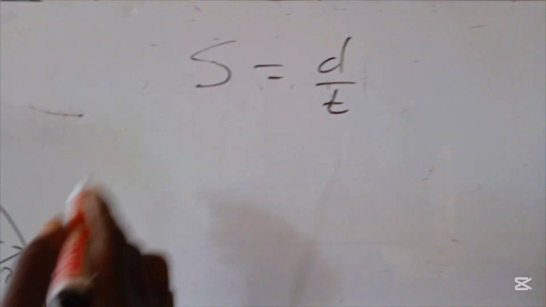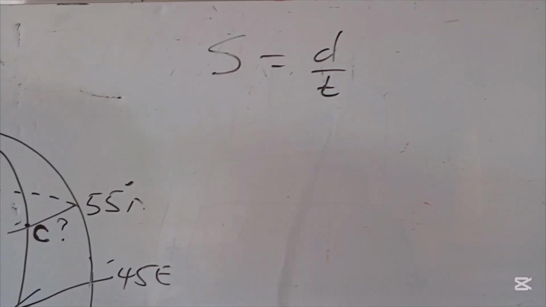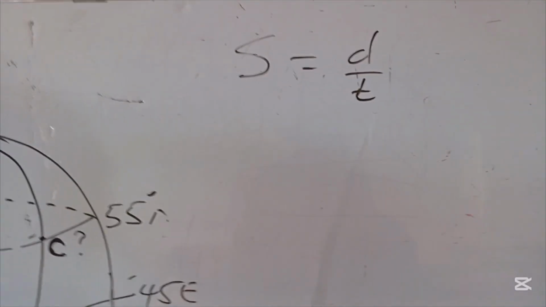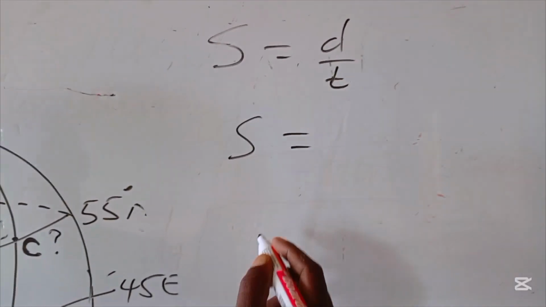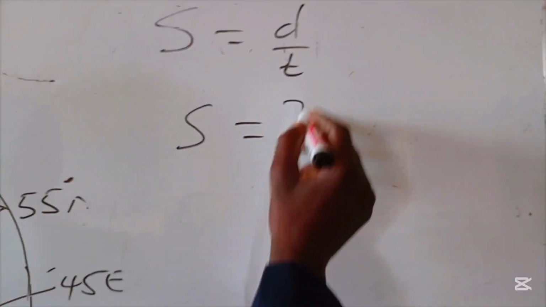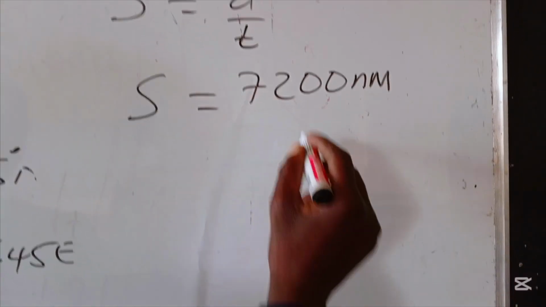Because this is the speed for the aeroplane, it is in knots. We are given the distance: in this case, our distance is 7,200 nautical miles. Immediately they have talked about nautical miles.